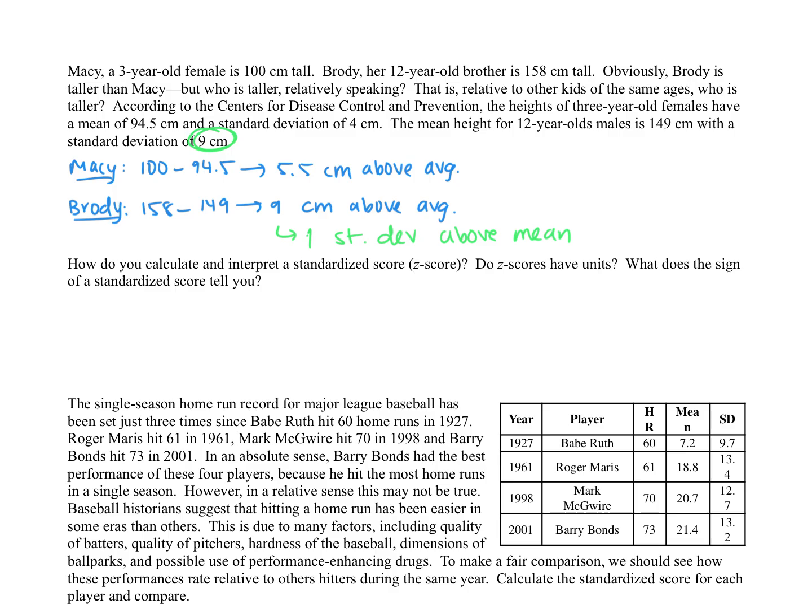That's just his 9 divided by the standard deviation. If we take Macy instead, she's 5.5, but the standard deviation is 4, so she is more than 1 standard deviation above the mean.